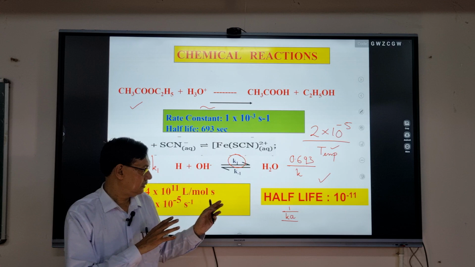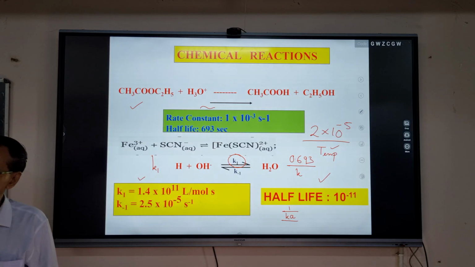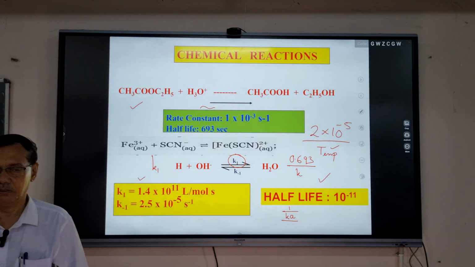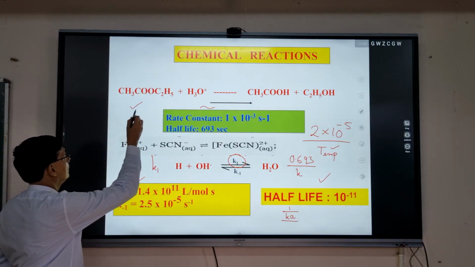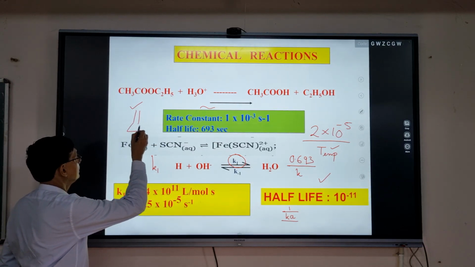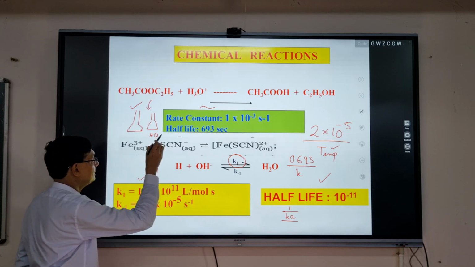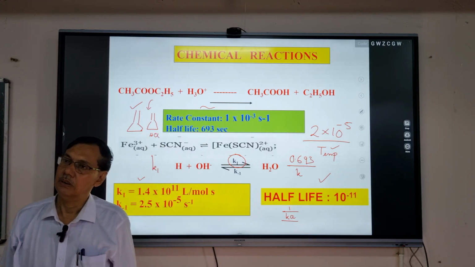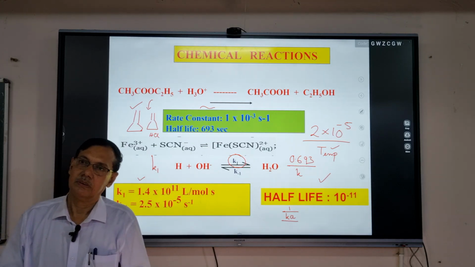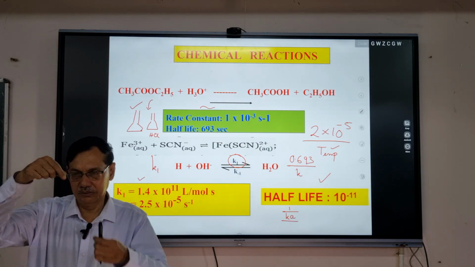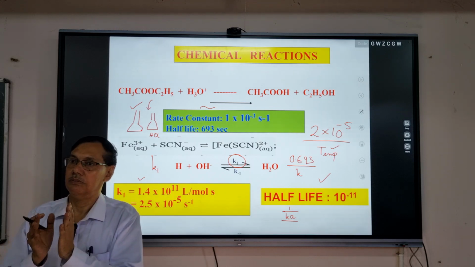Reactions whose rate constant cannot be determined or studied by simple conventional methods. Because say, for example, you take one conical flask with methyl acetate, another conical flask with some acid, then you mix it, and with half discharge you take some aliquot and monitor it with the titration method. So the mixing time is not very difficult.